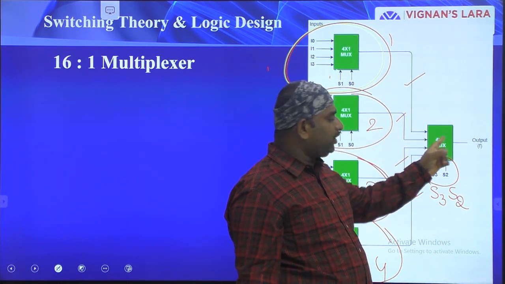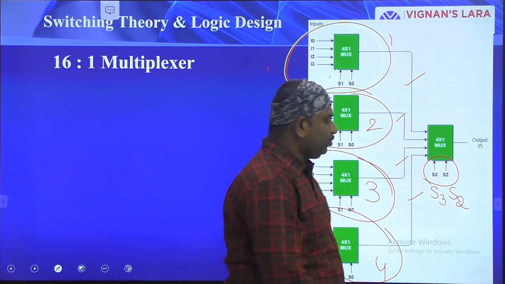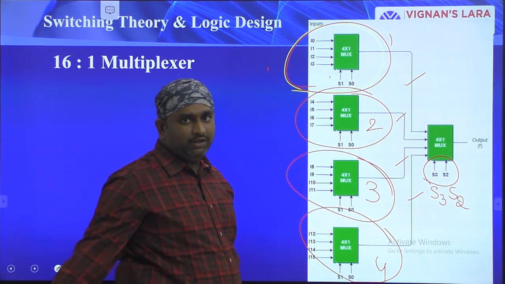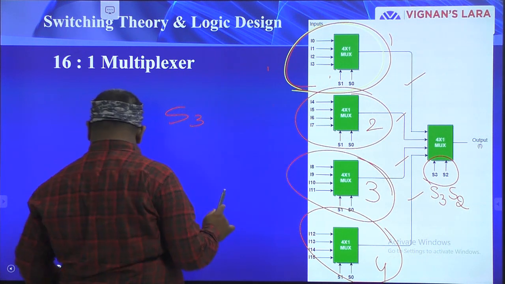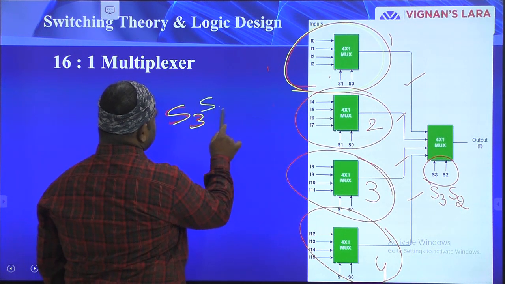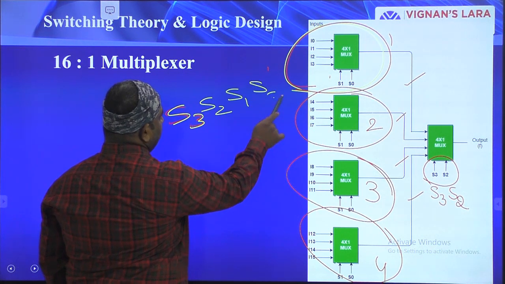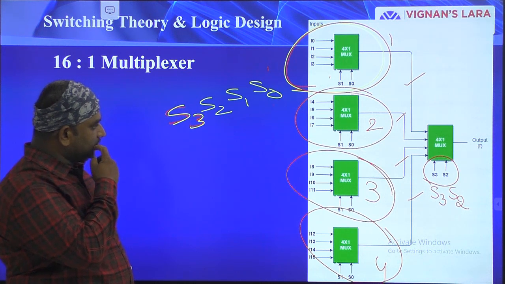From these 4 input lines, I will get only one output. So S3, S2 here, and these are S1, S0. Together, S3, S2, S1, S0 are the signals.